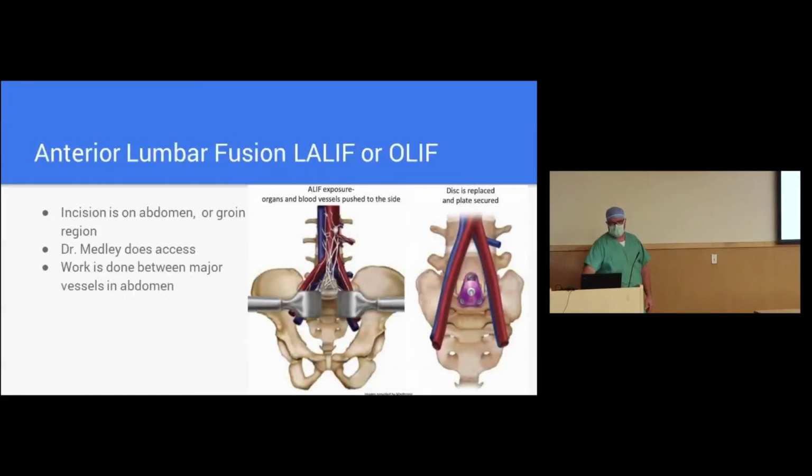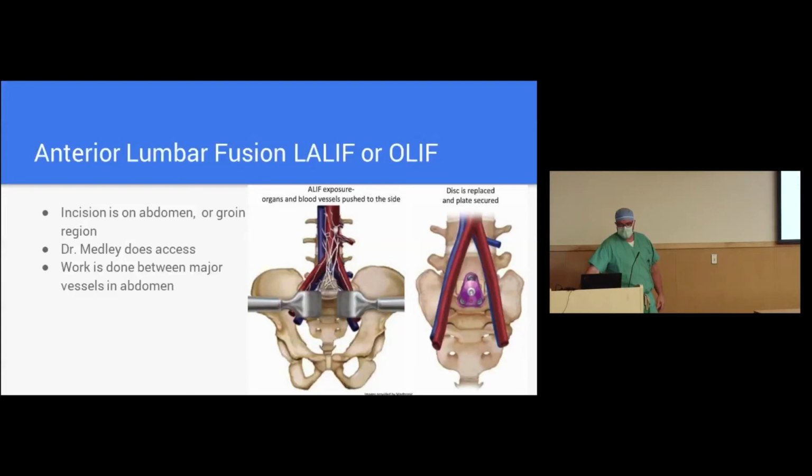All right, next one is the anterior lumbar fusion, which here they also call the lateral A-lift or O-lift procedure. So this is the incision that they either have on their groin here or on their side, or some of them are in the midline. Okay, so there are different spots where these incisions can be, but they're going around your peritoneum or your abdominal contents to get to the spine, and then we are working between the greater vessels here.